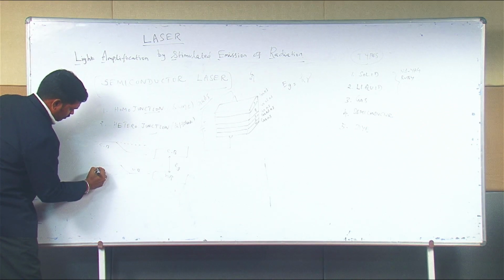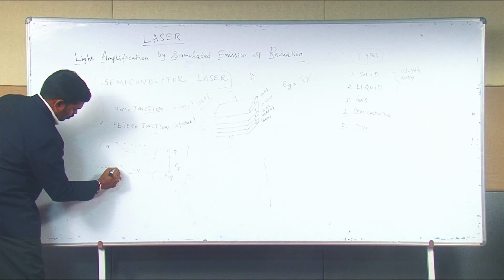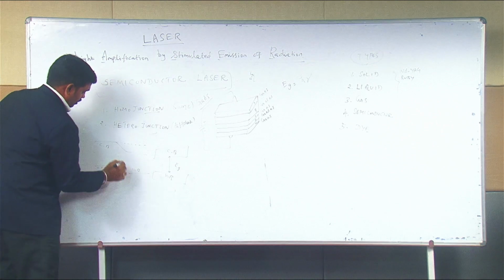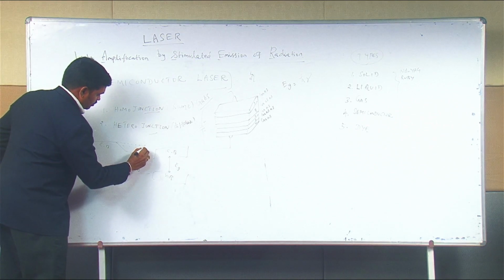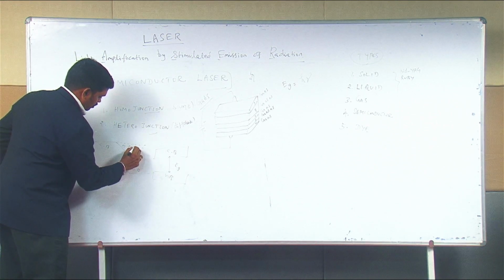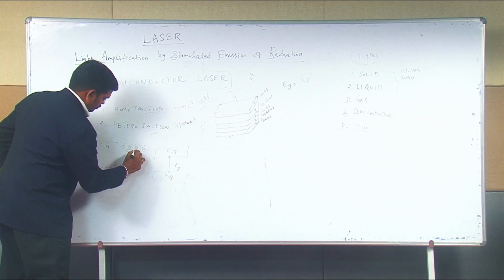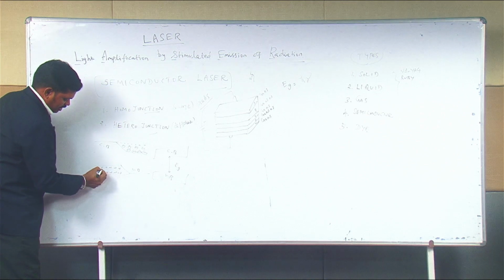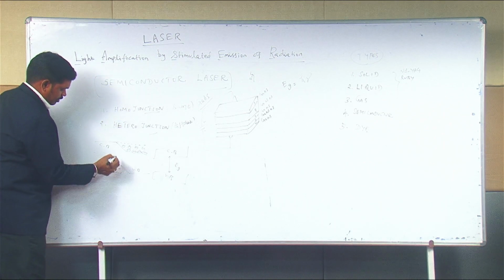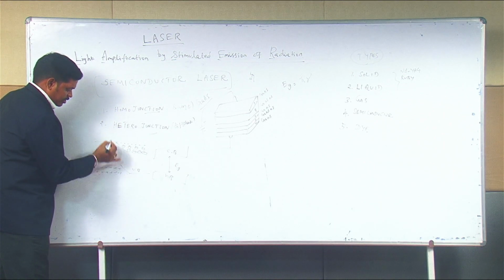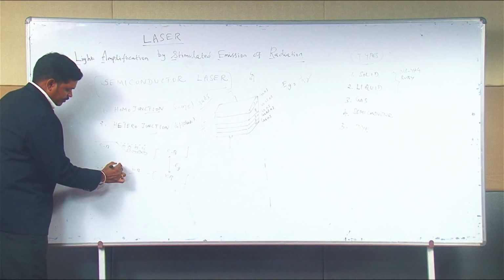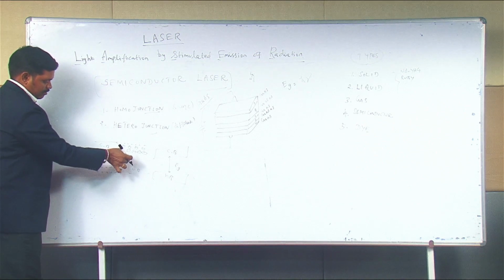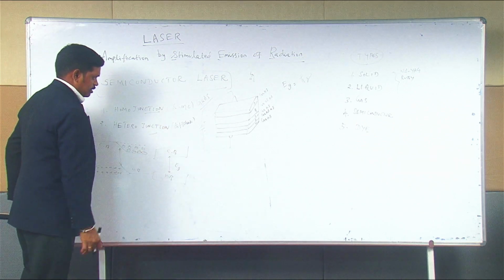In the valence band the majority charge carriers are holes. In the conduction band the majority charge carriers are electrons. So make it clear: in the valence band the majority charge carriers are holes, in the conduction band the majority charge carriers are electrons. When it is subjected to forward bias, recombination takes place, then we will get the laser as output.